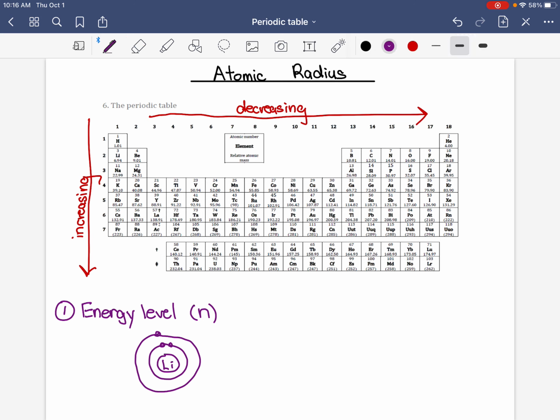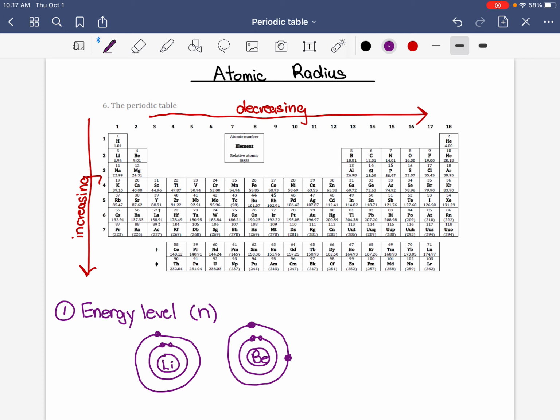Let's say you were to draw beryllium, which is really next to lithium. Beryllium, like lithium, will have 2 electrons on the first shell and 2 electrons on the second shell. Let's put them like this. It's not entirely correct, but let's put them like this. The number of shells, the number of energy levels, stays the same.